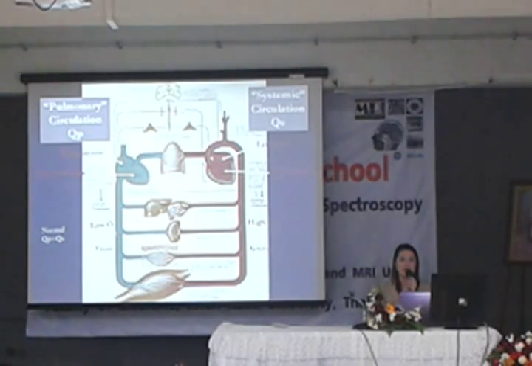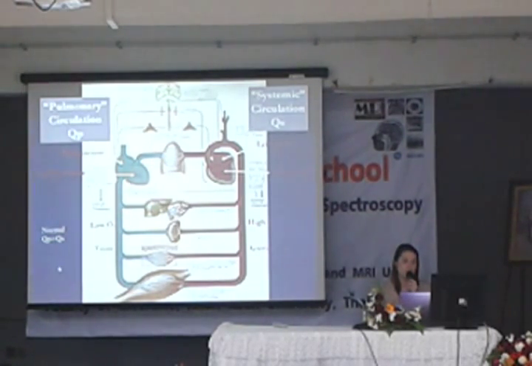The low oxygenated blood circulates within the venous system and goes to the lung. We call this pulmonary circulation, or QP. And the highly oxygenated blood circulates within the arterial system, which we call systemic circulation, or QS.